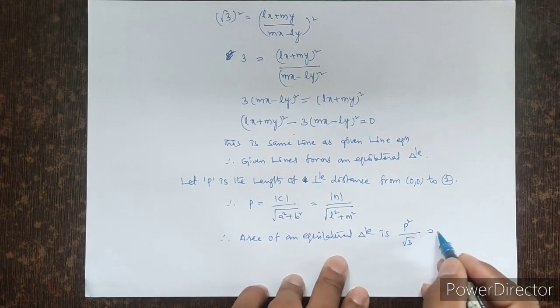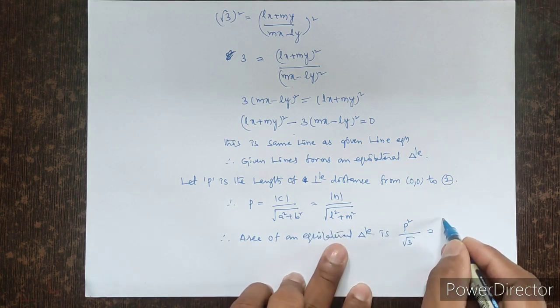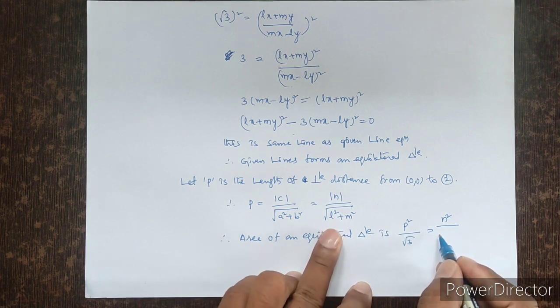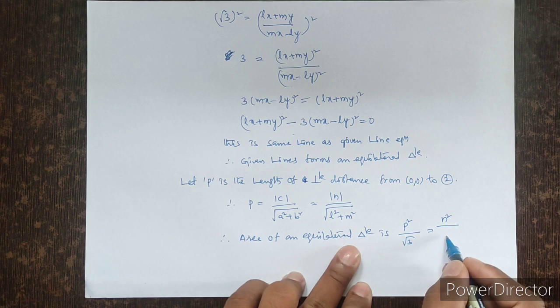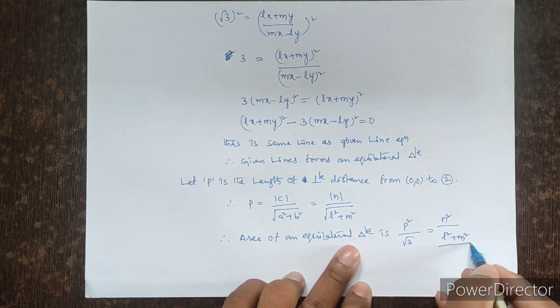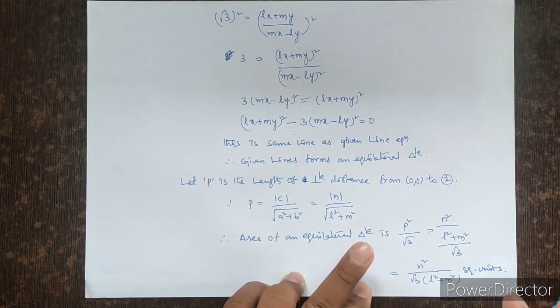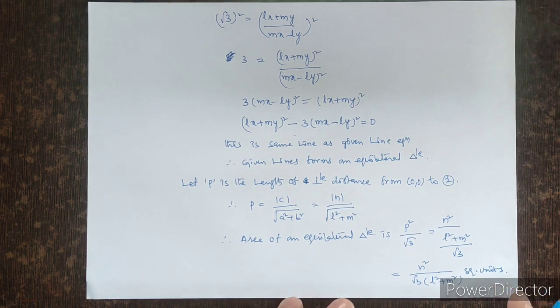So P square is n square by l square plus m square, and the area equal to n square by root 3 of l square plus m square square units, which is the area of the equilateral triangle formed by the given lines.